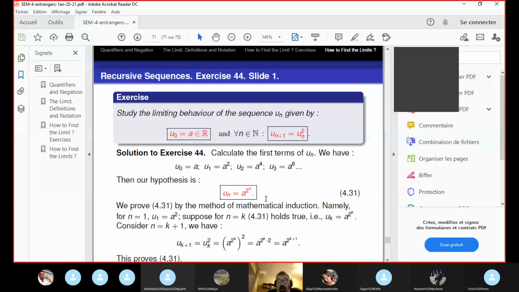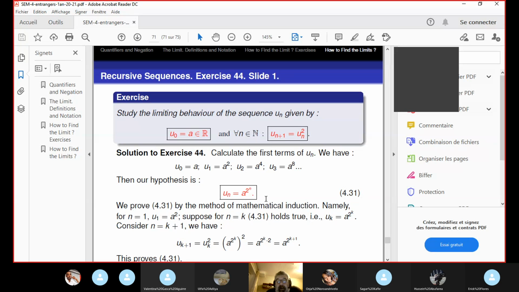So my hypothesis is that the general term of my recursive sequence u sub n is a to the power 2 to the power n. It's the formula 4.31. But for the moment, it is only my idea, you see.